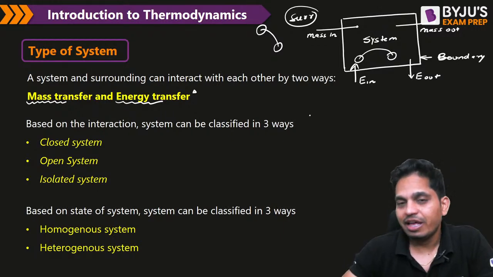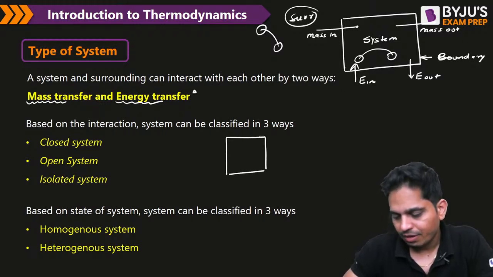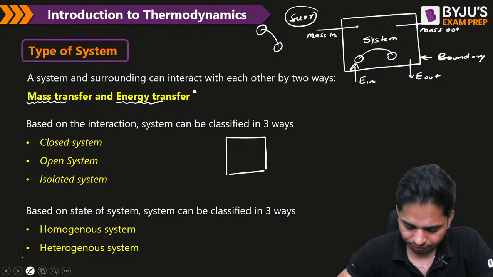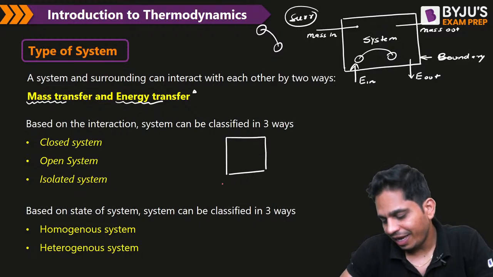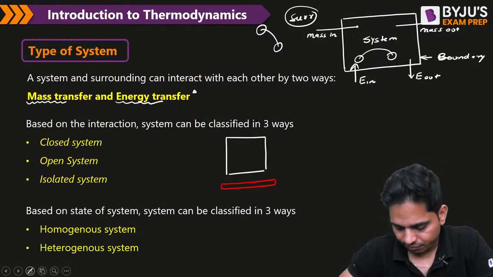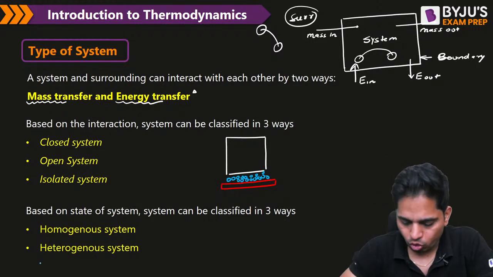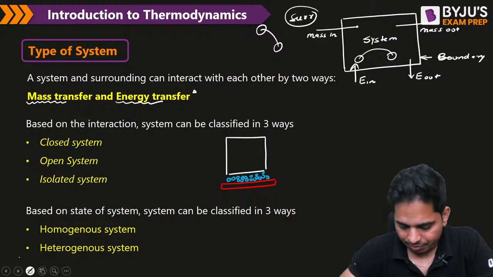For example, if you take a simple example, this is a container, and let us say here I have a grate kind of thing on which I have put down some coal. Now I am burning this coal.